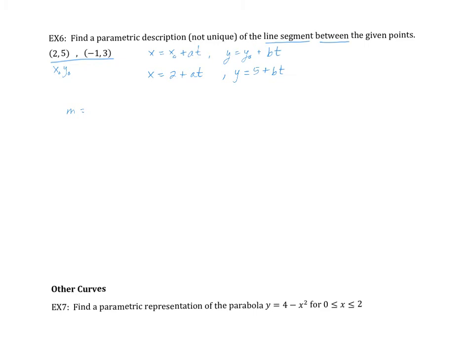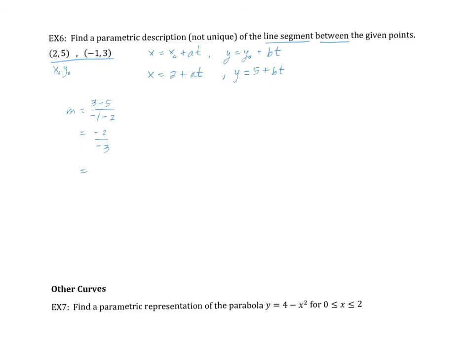But I'm just going to do 3 minus 5 over negative 1 minus 2. So that gives me a slope of negative 2 over negative 3. So I could use that b is negative 2, and a is negative 3.